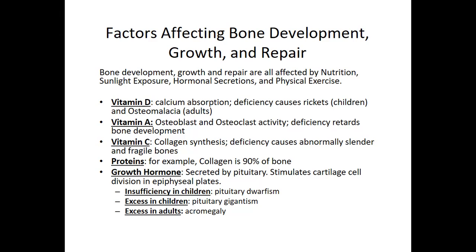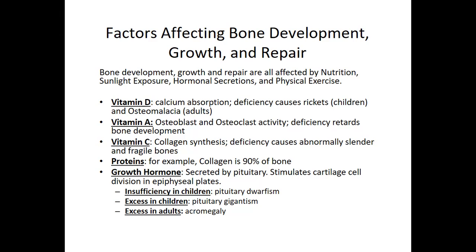Now we have growth hormone. Growth hormone is a hormone that your body produces. It's secreted by the pituitary, this little nubbin that is in your brain. We'll talk a lot more about it when we get to the endocrine section.